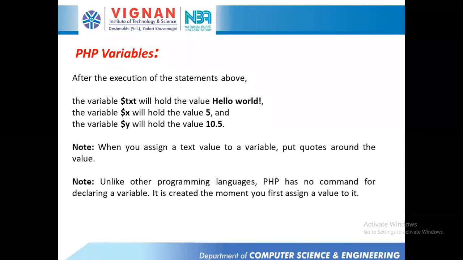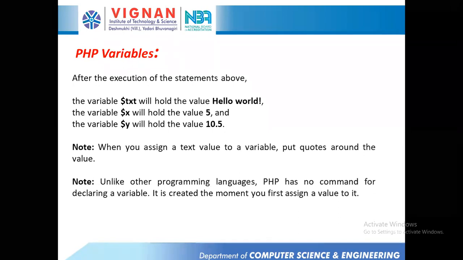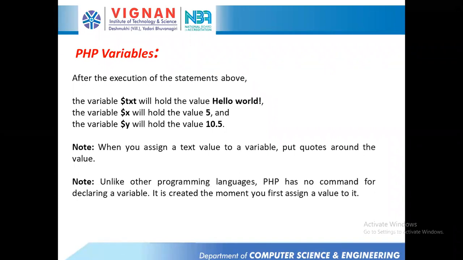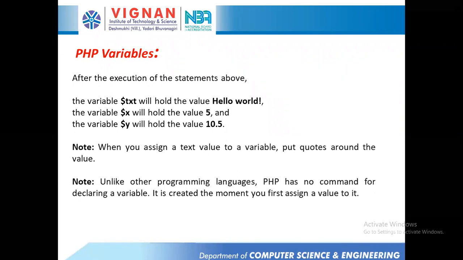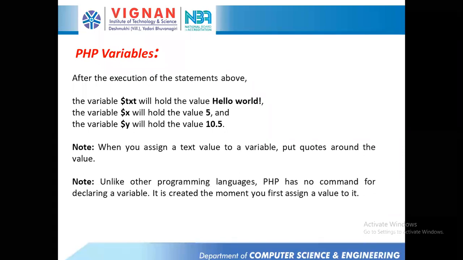Compared to other programming languages, PHP has no command for declaring a variable. It is created the moment you first assign a value to it. If you assign a string value, that is string type. If you assign an integer value, that is integer type. If you assign a float value, that is float type.